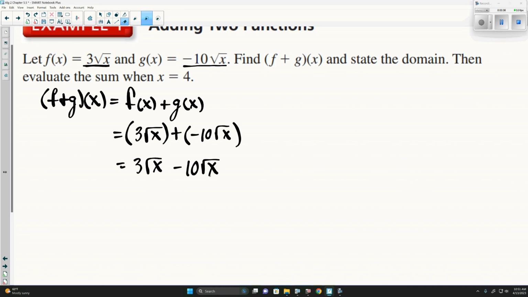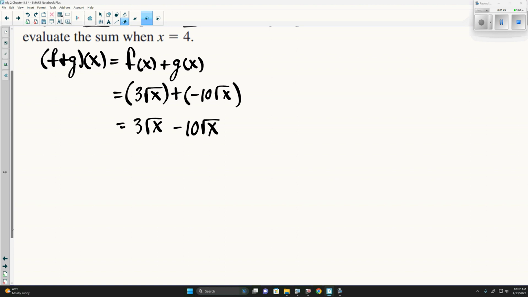Now we can remove the parentheses. So our 3 square root of x is just going to be 3 square root of x. Now since we're adding negative 10 square root of x, we can just write it as minus 10 square root of x. Both terms have the same radical and what's inside of it, so we can subtract the numbers in front.